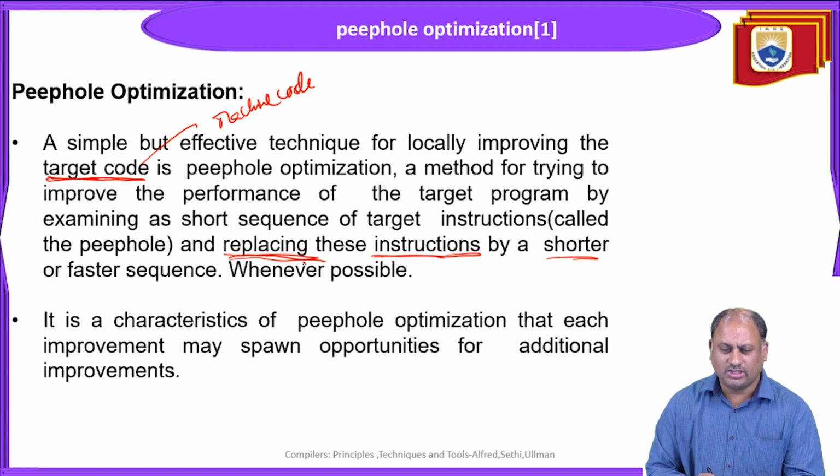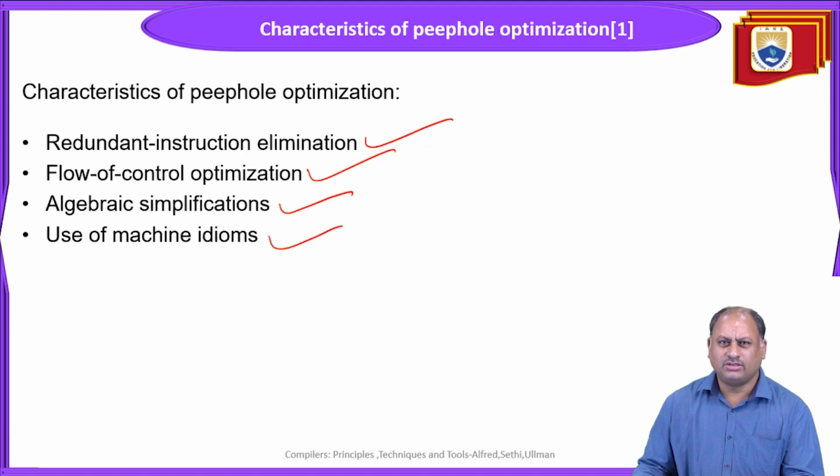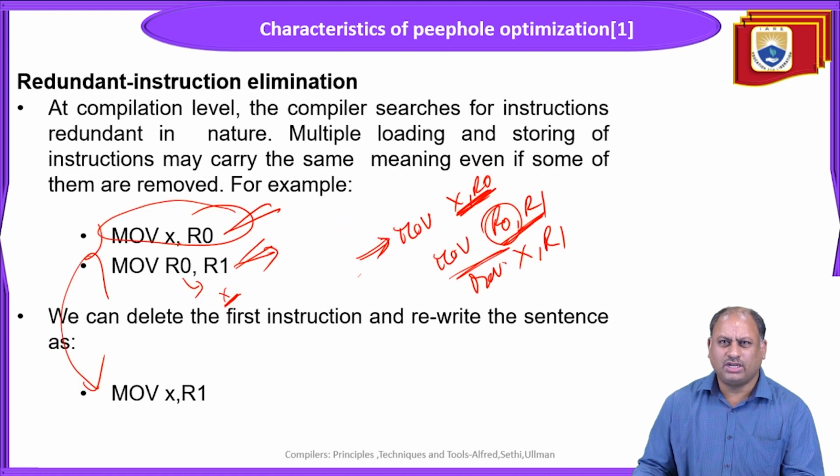Here, we replace several instructions by a smaller set of instructions. So long instructions are replaced with a smaller set of instructions. That means there are two or more instructions which do not carry out any useful task here. That is called redundant instruction elimination.